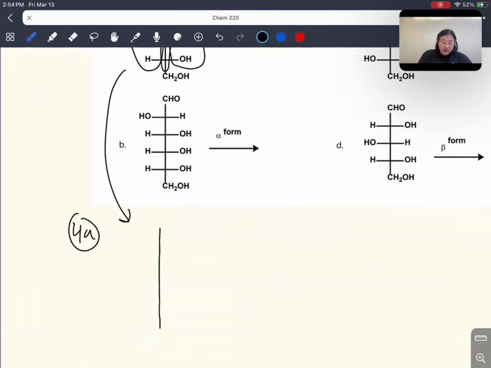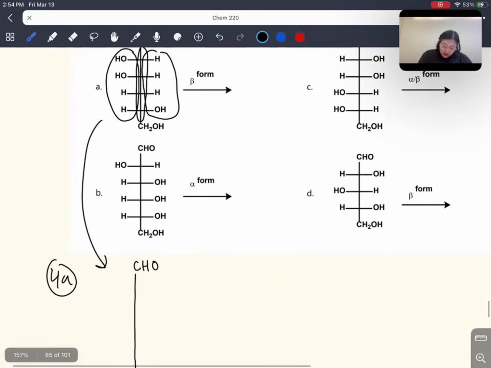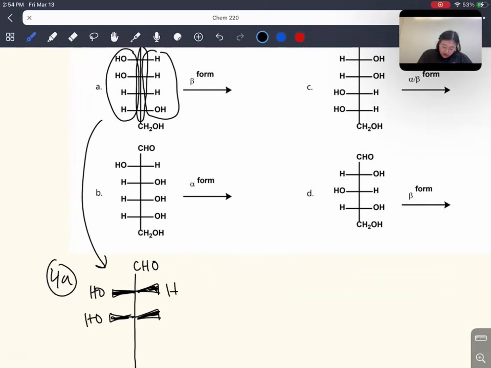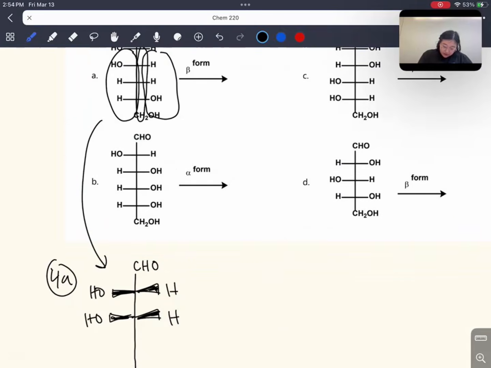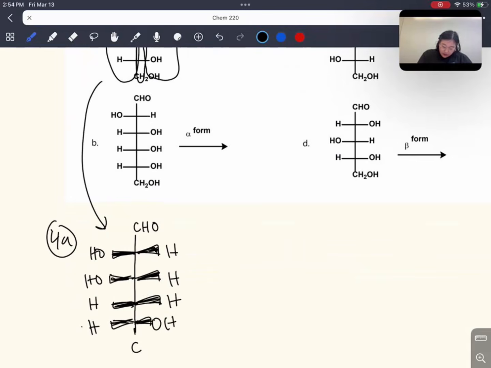So I would draw CHO, and then I would draw a wedge here, a wedge here, and then I would have more wedges over here, and then wedges over here. And then finally at the bottom, your CH2OH. So the vertical lines would be dashes, but it's easier to just draw a line, so I'm just going to draw a line.